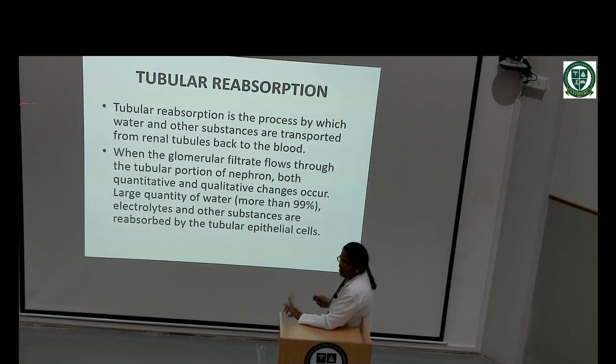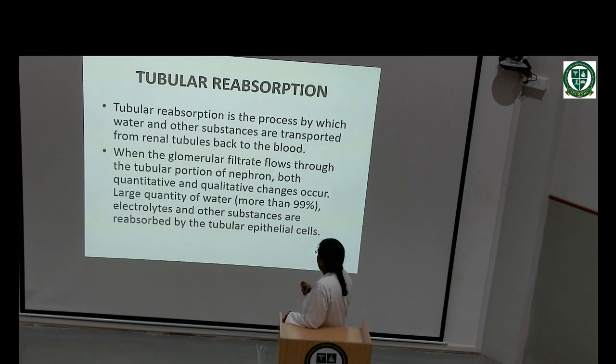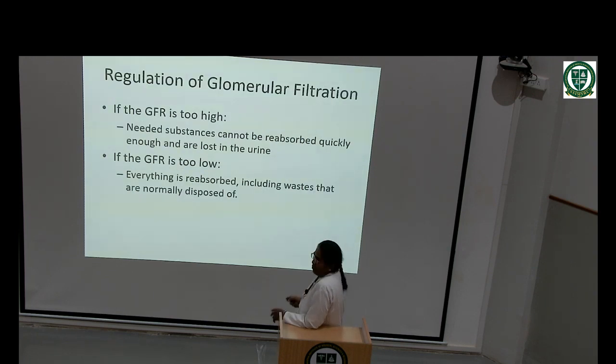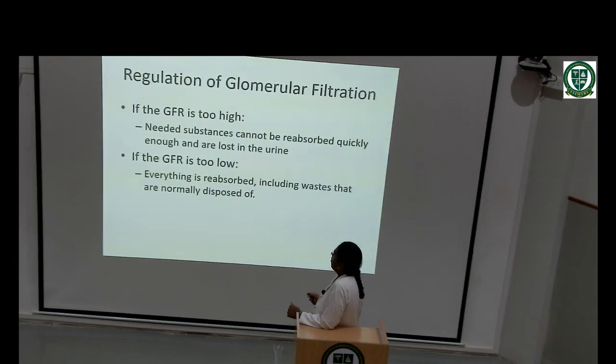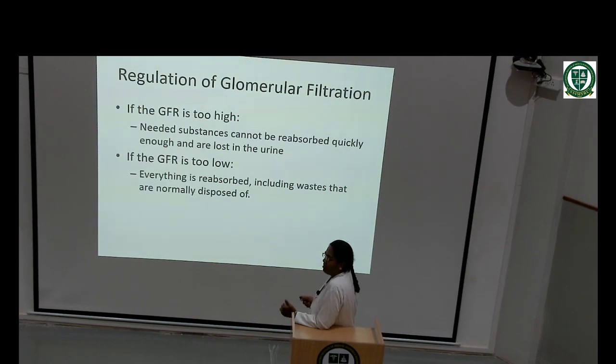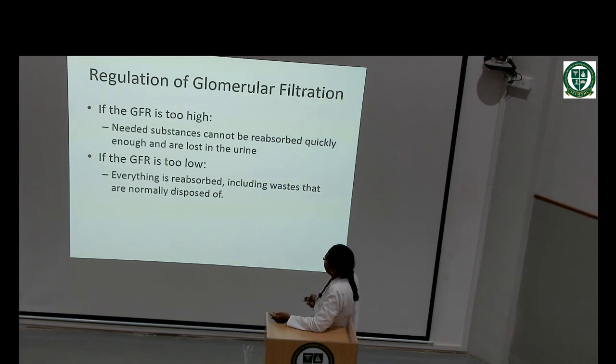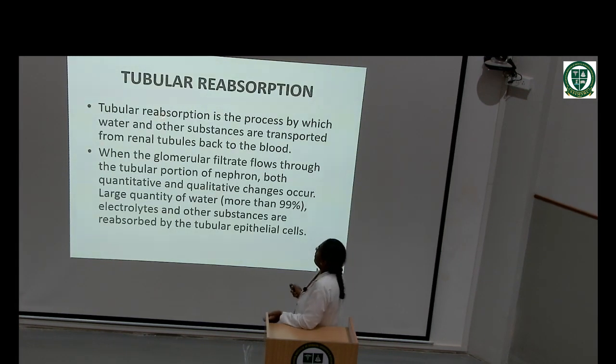This is the second step of urine formation. Till now you have read about GFR, glomerular filtration rate, factors regulating glomerular filtration and filtration fraction. Then tubular reabsorption. It is a process by which water and other substances are transported from renal tubules back to the blood.